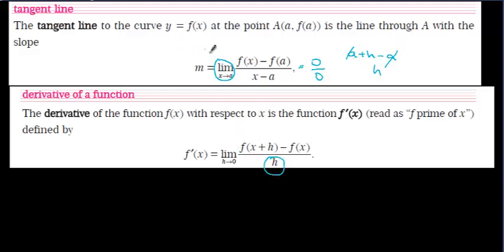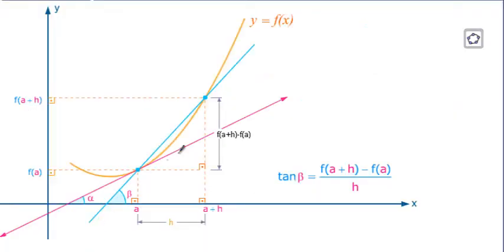So these are similar formulas to find the limit, find the derivative. And here there is also an explanation of the geometric meaning of the derivative.